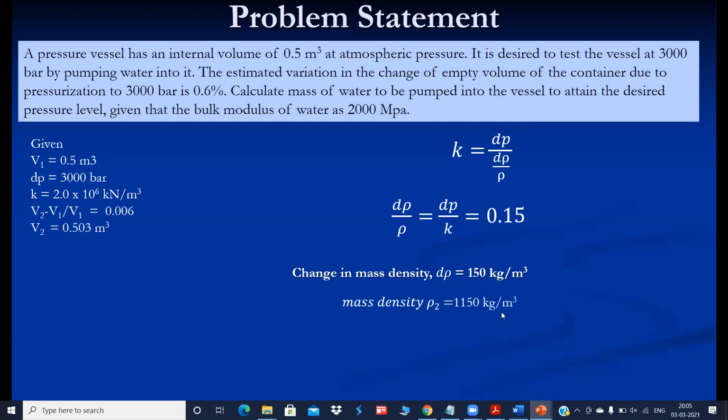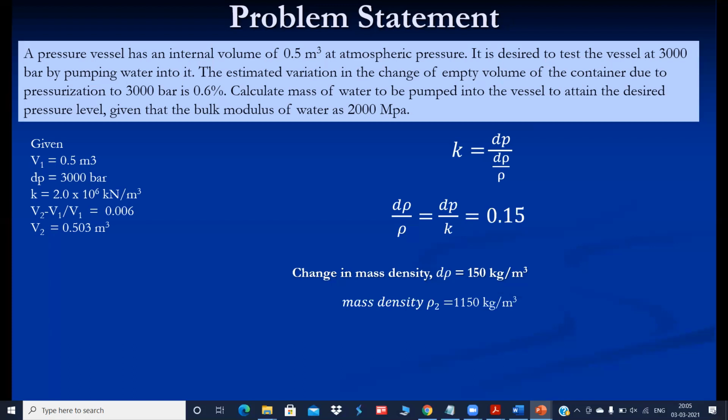And mass density rho2, with rho1 considered as 1000, so 1000 plus 150, that is 1150. Because rho2 minus rho1 is equal to d rho, so rho2 is equal to d rho plus rho1. Rho1 we can consider at atmospheric pressure.